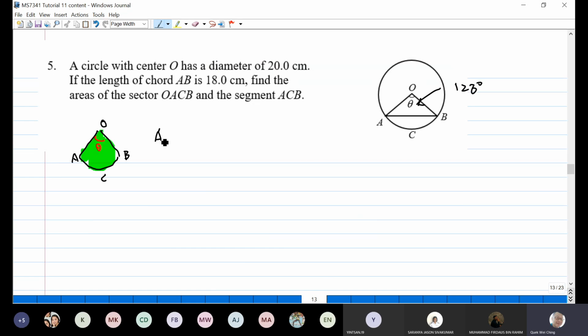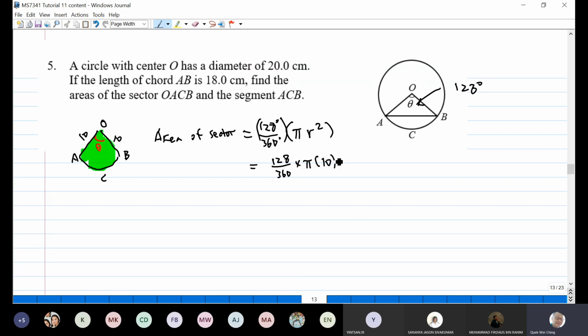So area of a sector is part of a circle. Now the radius is 10, so pi r square is the area of the circle, and the sector is a portion of a circle. Alright, so this sector is 128 over 360. So you can write 128 over 360 times pi r square.